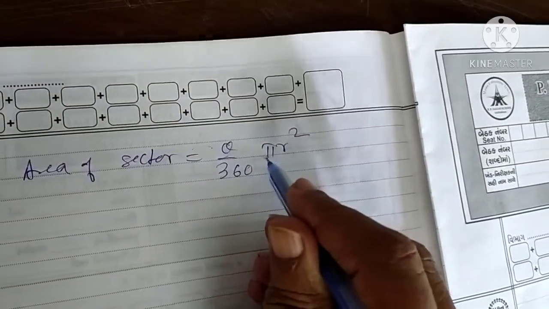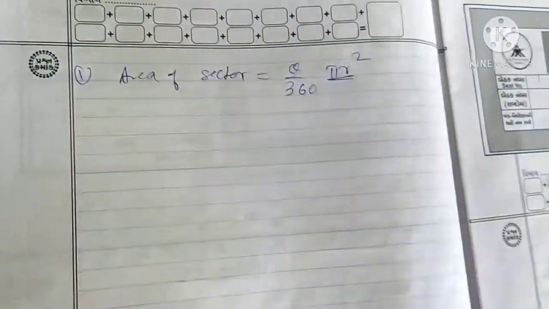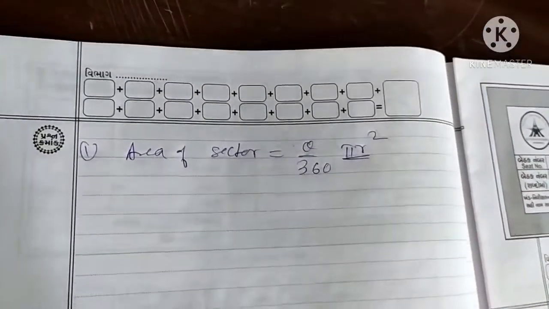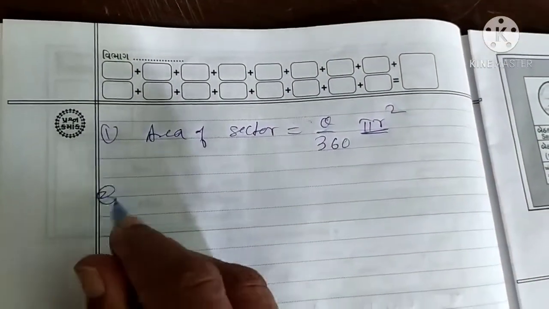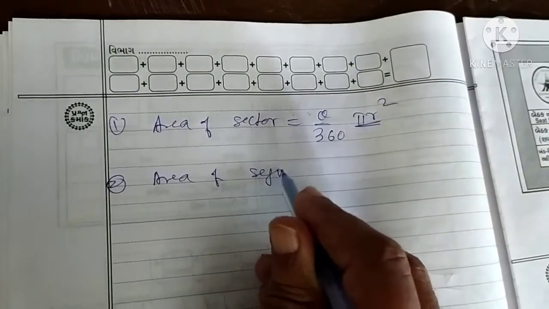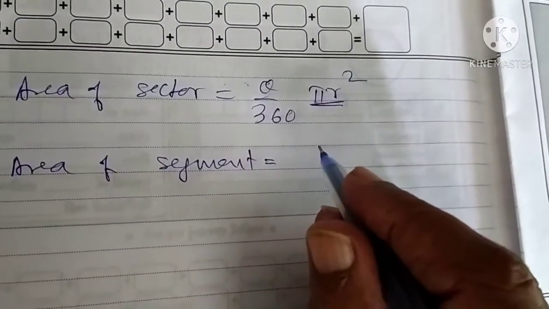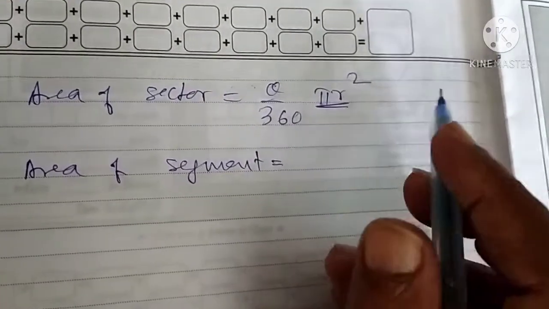Can you tell me? See, after writing these formulae, we will see a very important logic trick to remember these formulae. आपको अपने आप याद हो जाएगा. Number 2, I am taking area of segment. Look here. Area of segment is part of your sector, no? Yes or no?